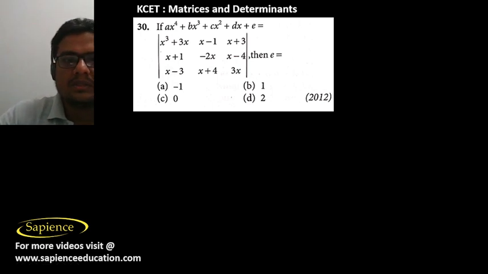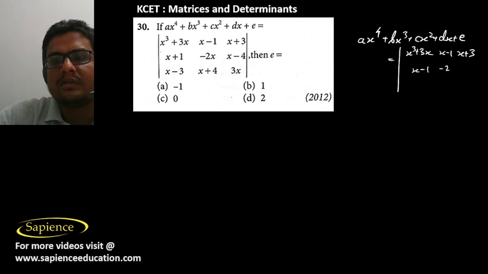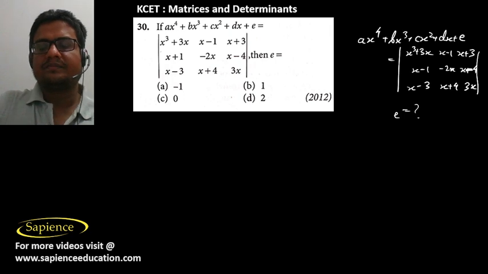Then in question number 30, it is told that a x power 4 plus b x cube plus c x square plus d x plus e is equal to the determinant of x cube plus 3x, x minus 1, x plus 3, then x minus 1, minus 2x, x plus, then x minus 4, x minus 3, x plus 4, 3x, then e is equal to how much?